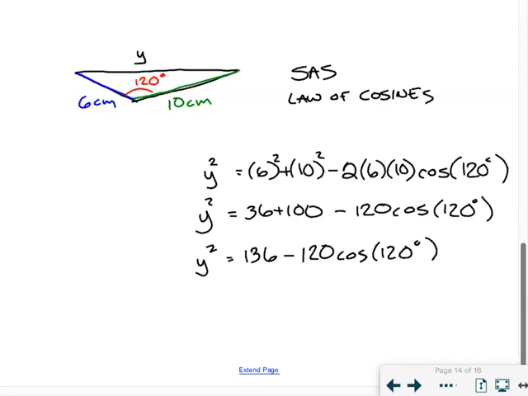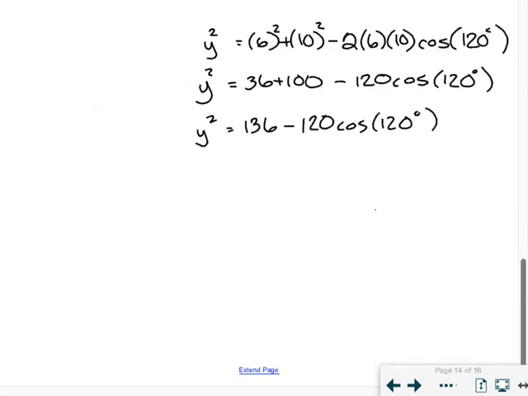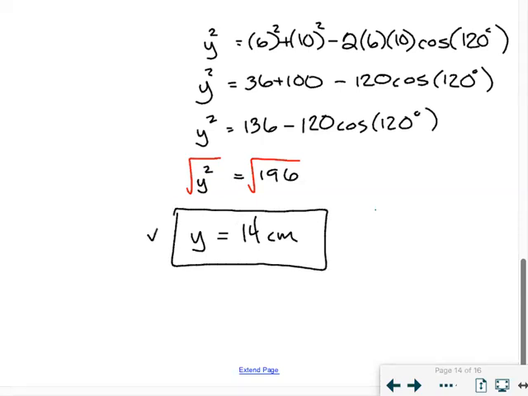At this point, we're going to enter that whole right side into our calculator: 136 minus 120 cosine 120. That gives me exactly 196. To isolate y, take the square root of both sides. That leaves us with y equal to 14 centimeters exactly.